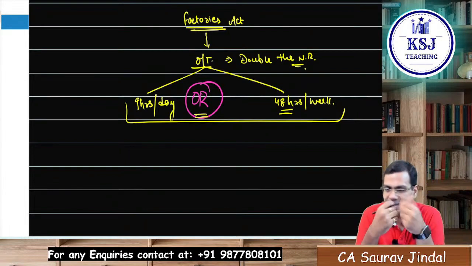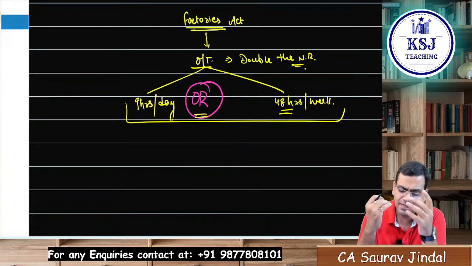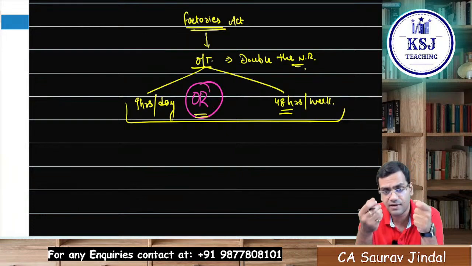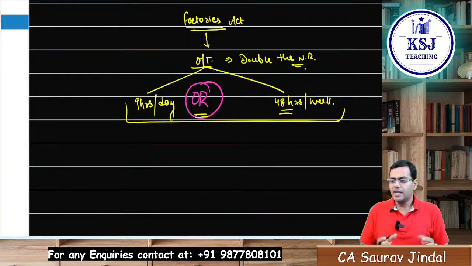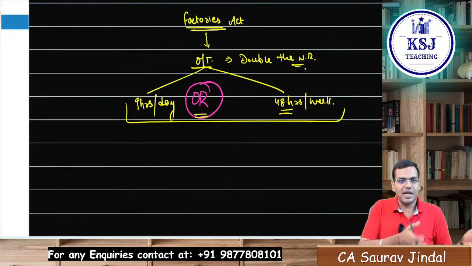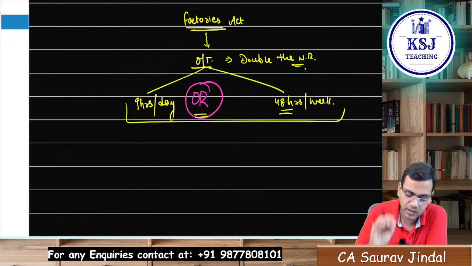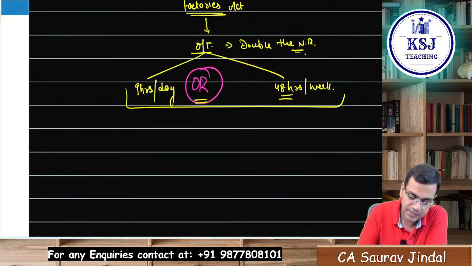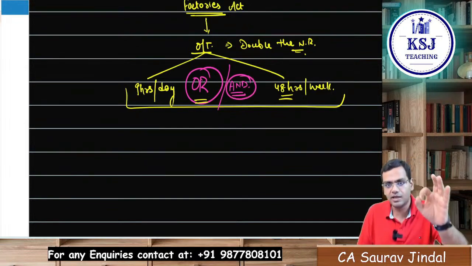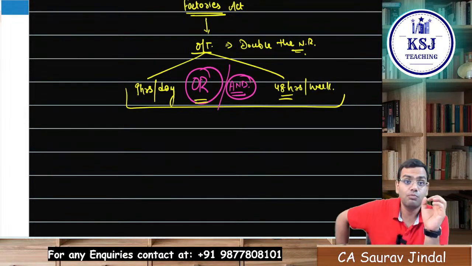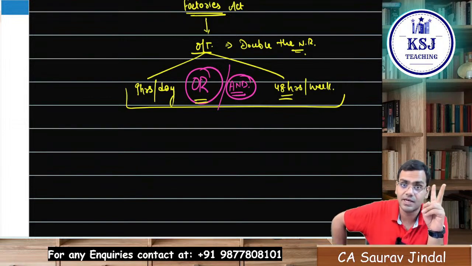Then comes another scenario. There was a question which was given by ICAI in one of the RTPs, I think, and then the same thing they applied in illustration number 4 also. What is that? Instead of this "or", they started taking "and". It was clearly mentioned in one of the questions that both the conditions should be satisfied.